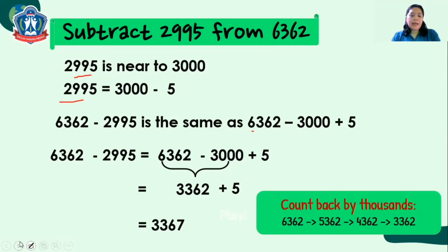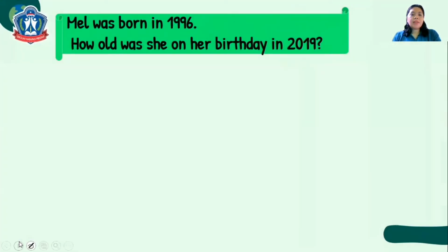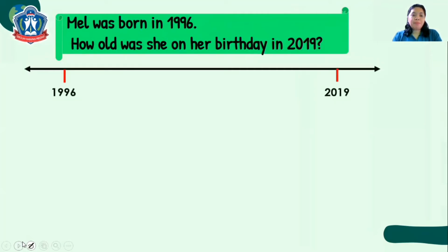Another problem. Mel was born in 1996. How old was she on her birthday in 2019? So how to solve it? We can use a timeline like this. From 1996 to 2019. 1996 is near to 2000 and that is 4 years.